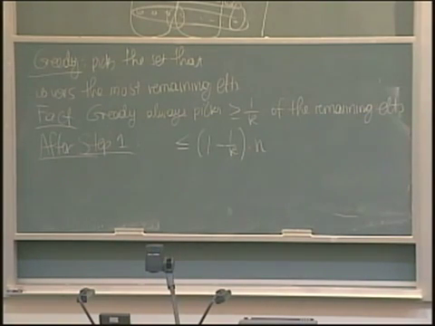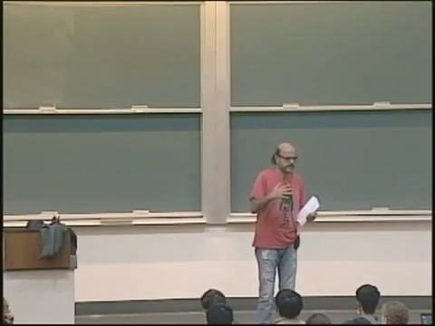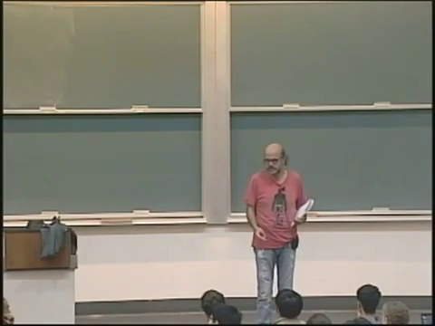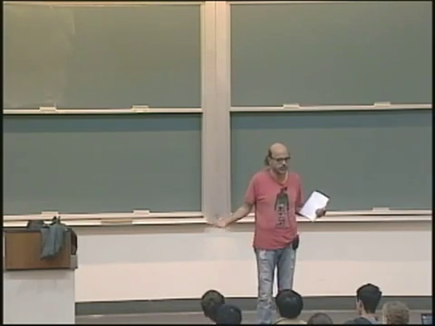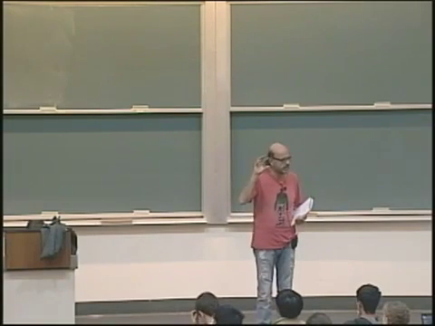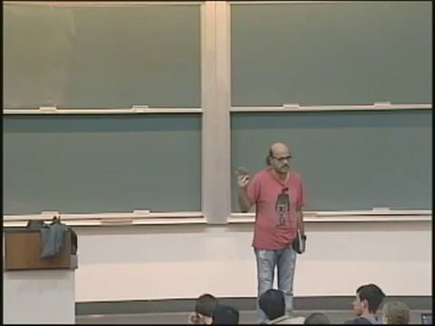This solution right now covers the remaining elements. So there is at least one set that covers at least 1 over k of the elements. Which one? The largest currently set from among the optimum solution. So the greedy will pick something which is even bigger. But the bottom line is that the greedy always picks at least 1 over k of the elements. Everybody sees that? What is k? k is the minimum number of sets with which you can cover. Is everybody following this? All right?